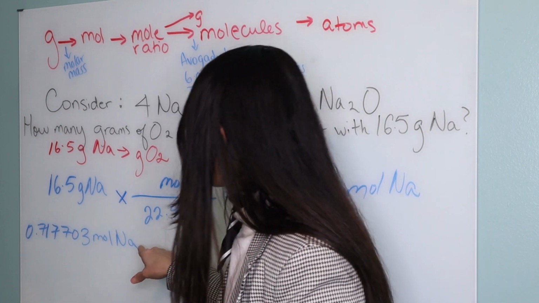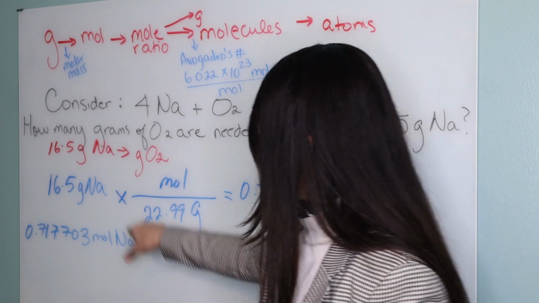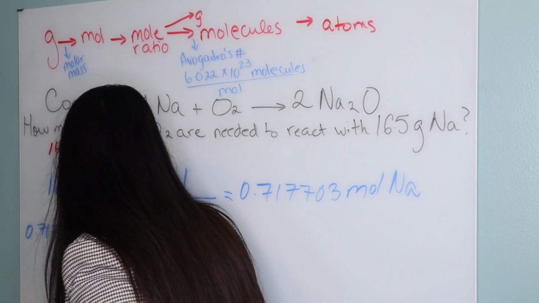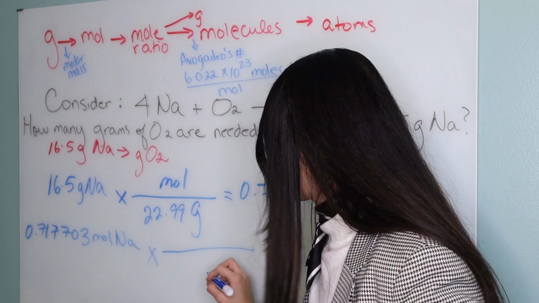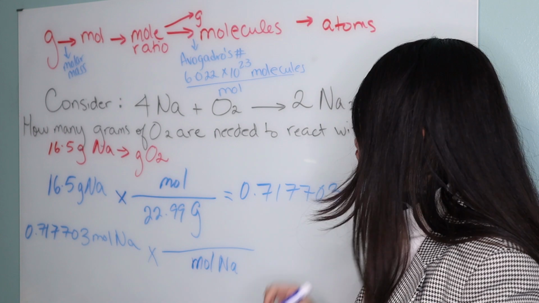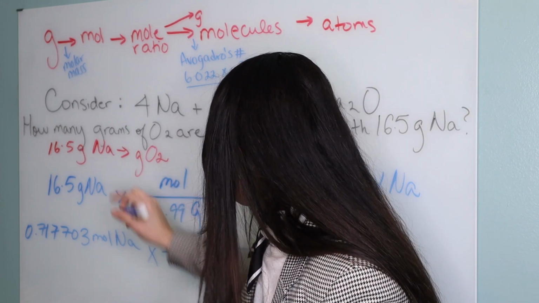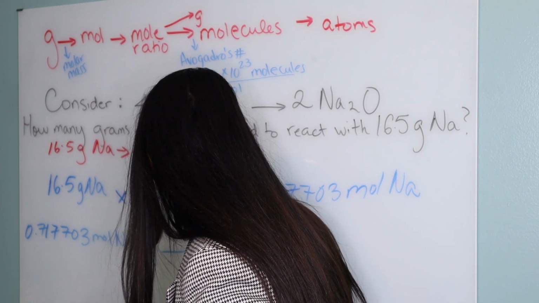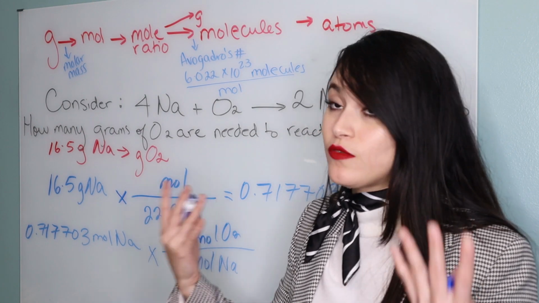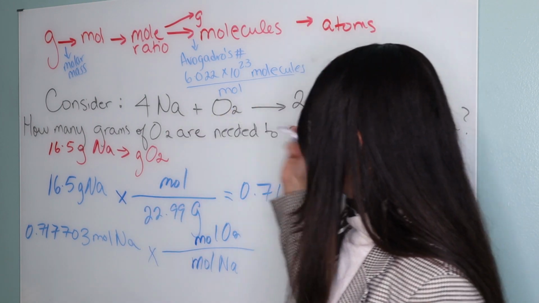Now I'm going to take this number and we're going to go through the mole ratio. So I've written the moles of sodium over here. We're trying to get rid of moles of sodium, so that's going to be going at the bottom. And I want to end up with moles of dioxygen, so that's going to be going on the top. The numbers that go here will be the coefficients after the reaction is balanced, which, like we said, is already balanced.